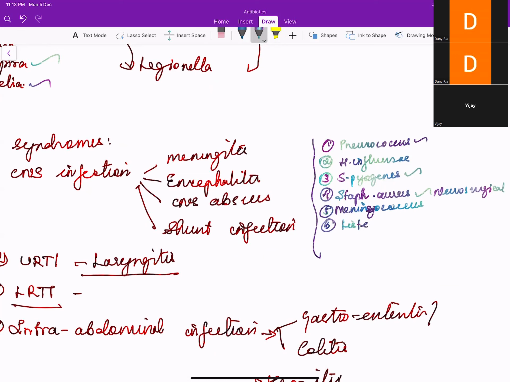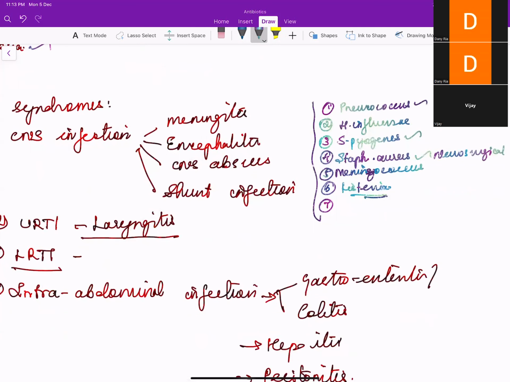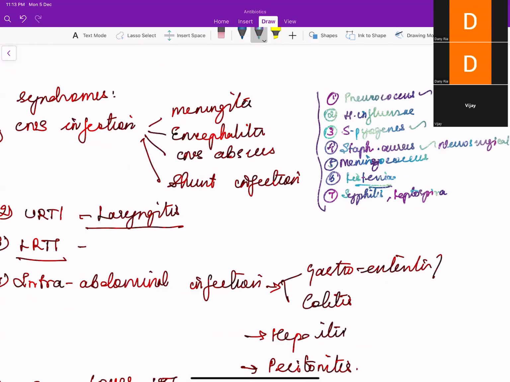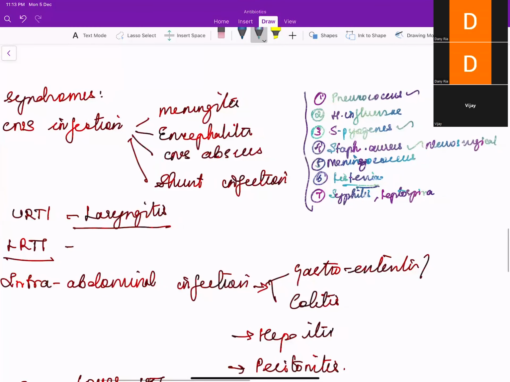We have one more gram positive bacillus which I missed: Listeria. It can cause meningitis. Viruses are a separate category. Can spirochetes cause meningitis? Yes, syphilis and leptospira can cause aseptic meningitis. That's all. So next time, whenever you see a meningitis, you can prepare a list of whatever possible organisms it can cause.